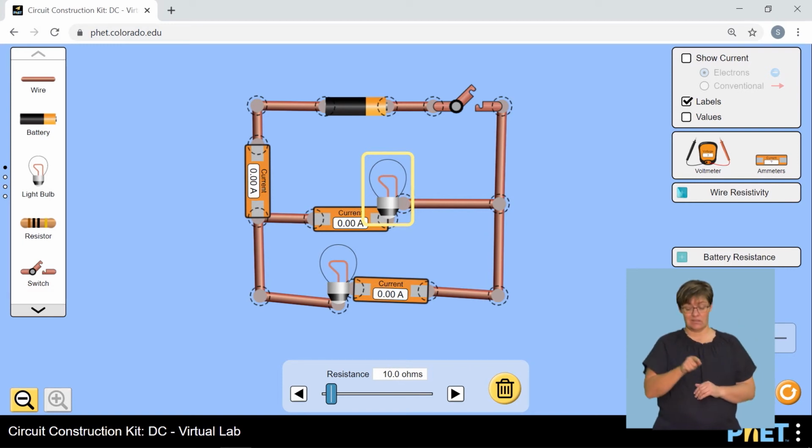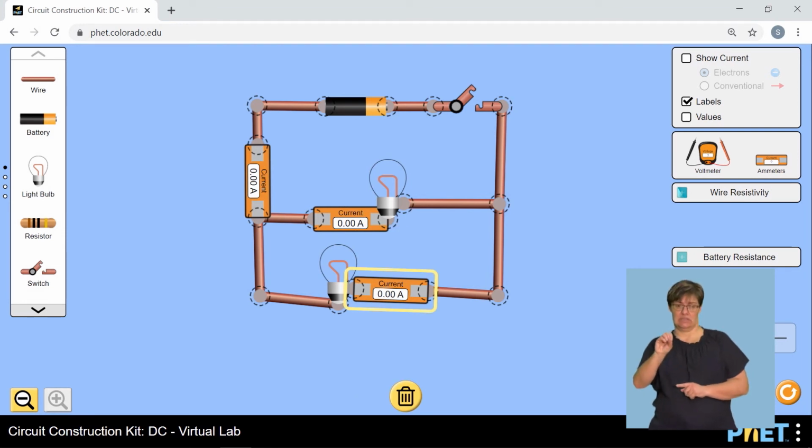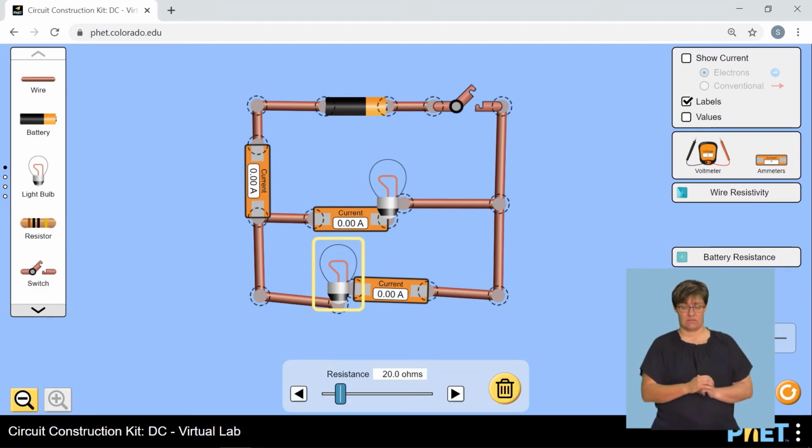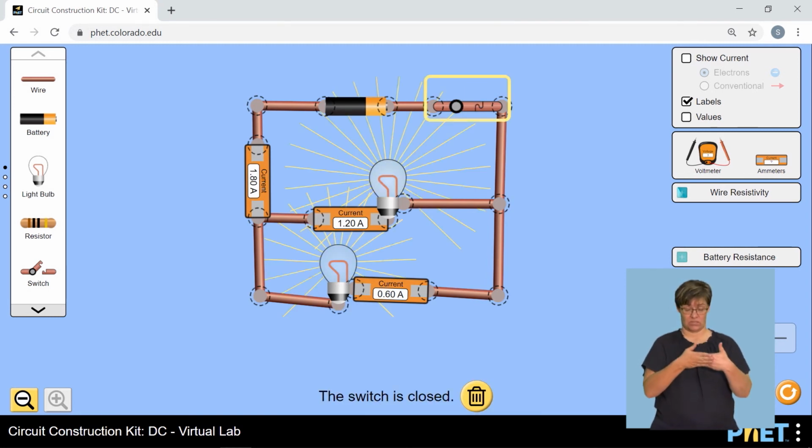If R2 is double R1, it must have 20 ohms, so we've verified that. Now there is no current flowing in the circuit for one simple reason: the switch is open. So the circuit is broken, or incomplete, but the moment we close the switch, this is what happens.